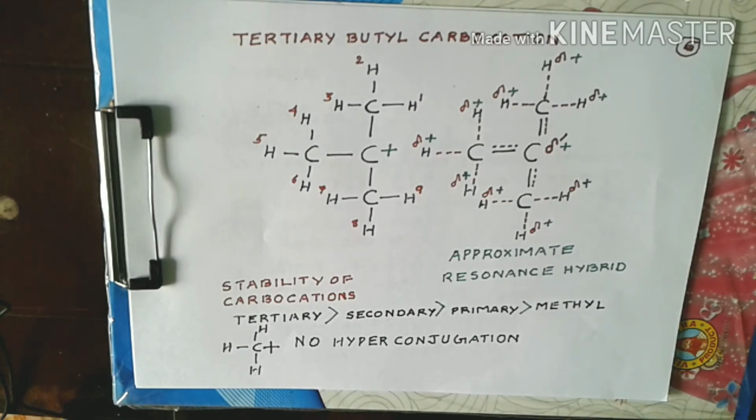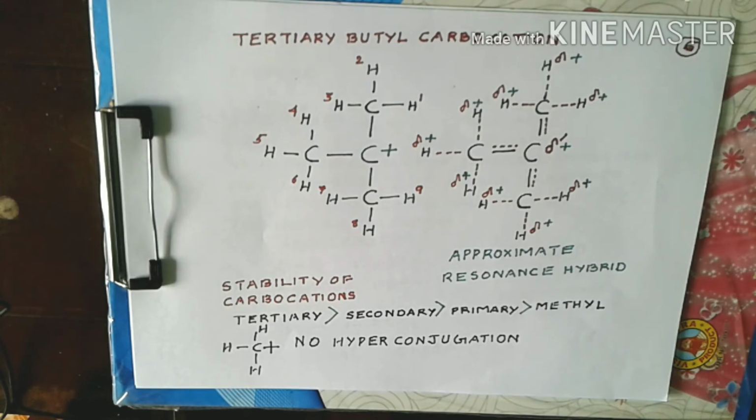All these 9 hyperconjugation canonical structures are similar, so they possess the same energy, and when similar structures contribute to the resonance hybrid, the stability of the system is large, and the extent of electron pair movement is greater in the case of tertiary butyl carbocation.